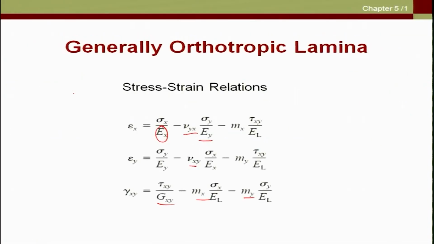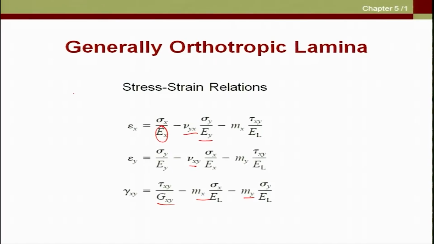This is consistent with our original stress strain relations, because when theta equals 0 or 90 degrees, our axis system will be aligned with the material axis of the system. That is, we will not have the generally orthotropic lamina situation, rather that will simplify into the especially orthotropic lamina situation.